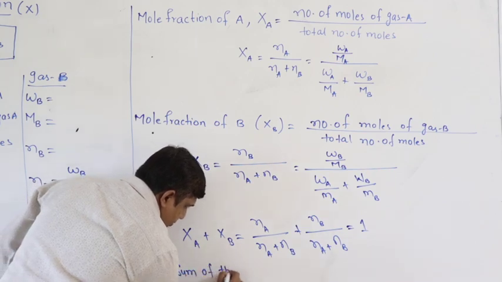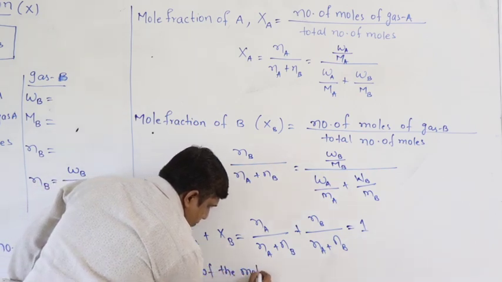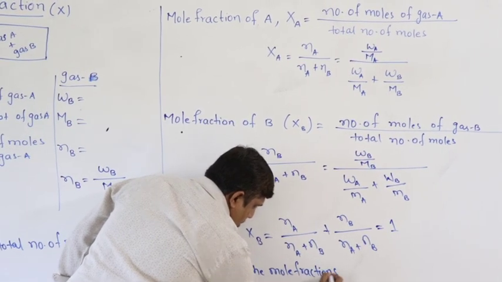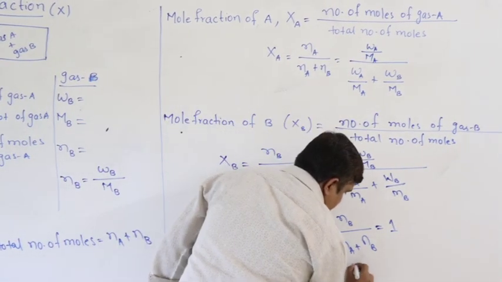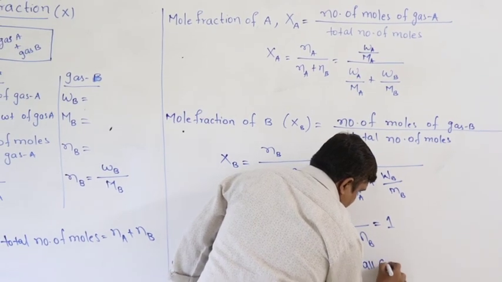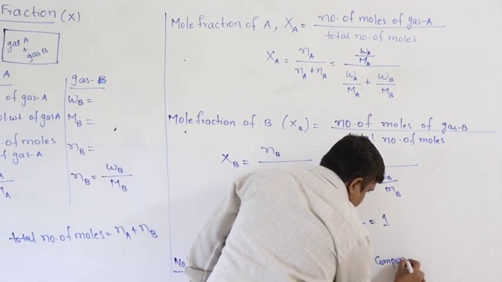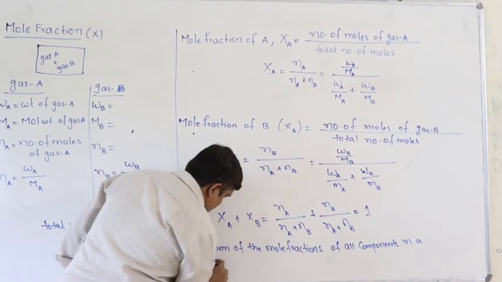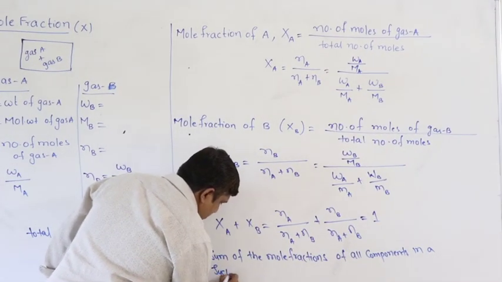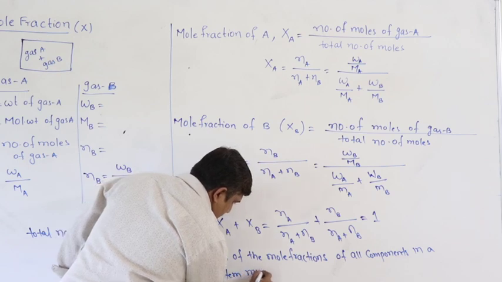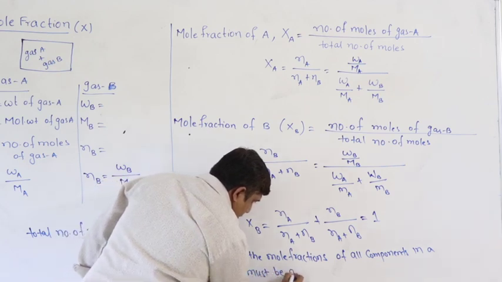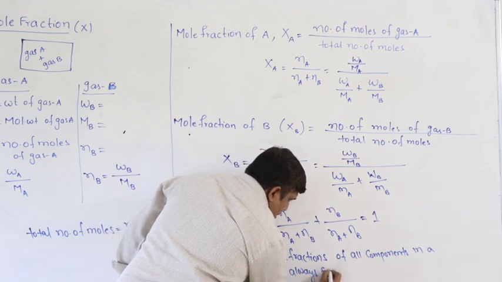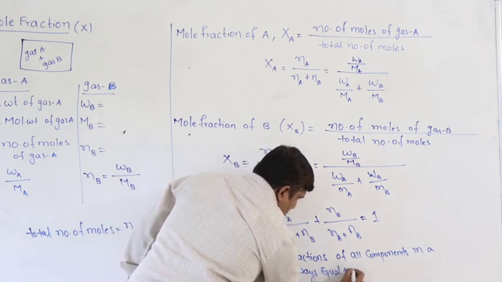Sum of the mole fractions of all components in a system must always be equal to 1.